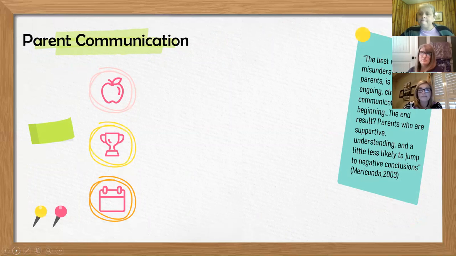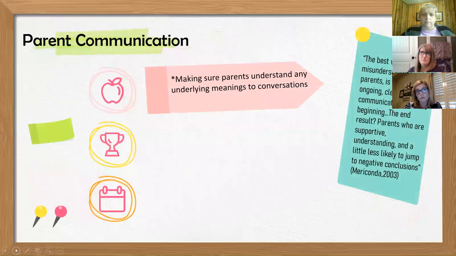Parent communication is vital to being able to have a successful school year. It's especially important when parents have an issue that might impede their ability to understand typical communication. For example, hearing impaired parents might need more written communication during a parent conference to aid in understanding if the teacher is unable to use sign language.